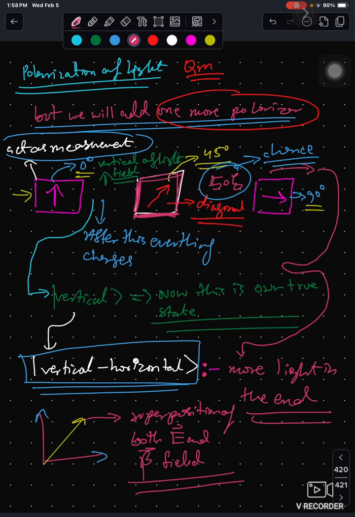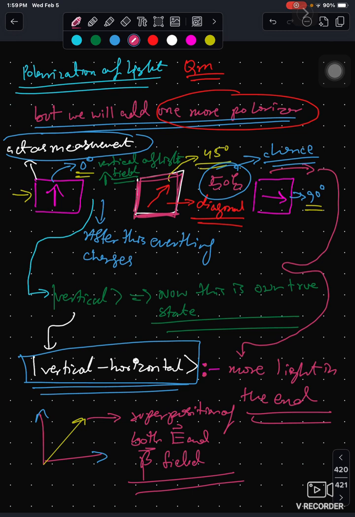the way light behaves? Now again, to give a summary of this whole small thing: after the vertical polarizer, the light turned into a vertical field, a vertical vector.